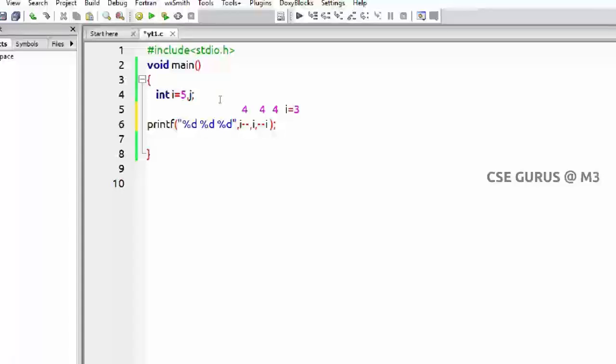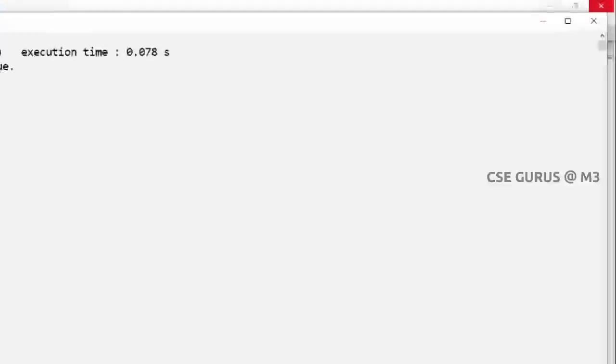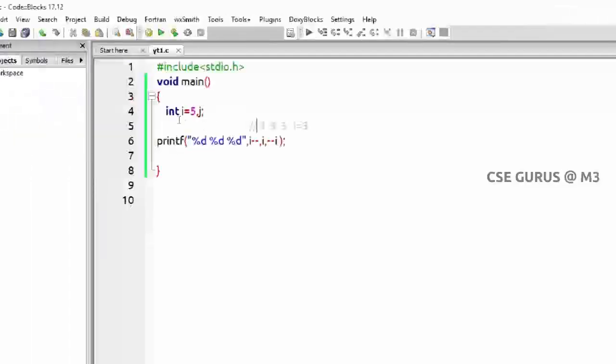Wherever you have --i and i, it will be replaced with 3. So the last one is 3, and here i is there, that's why 3. So i-- will be as it is. So the output is 433. You can see 433. So this is what happens with the operators.